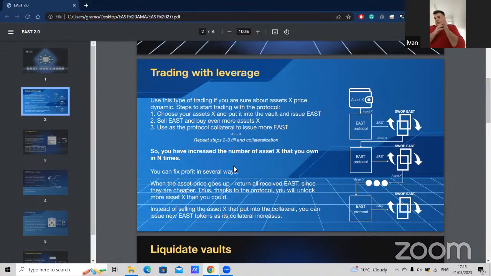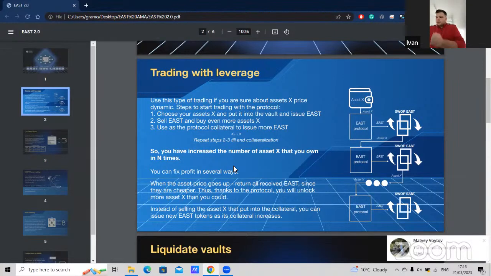That's how you take leverage. So you can hold n times more assets than you had at the beginning.